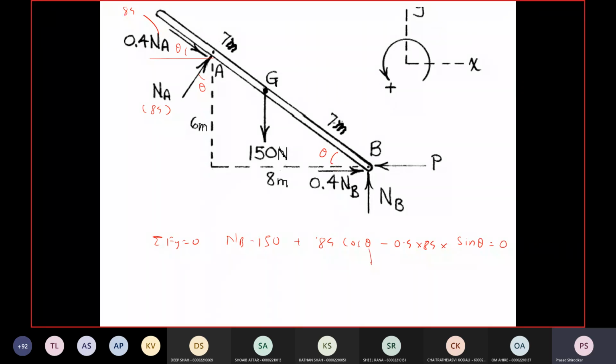Here theta is 36.86 degrees. So calculate NB.